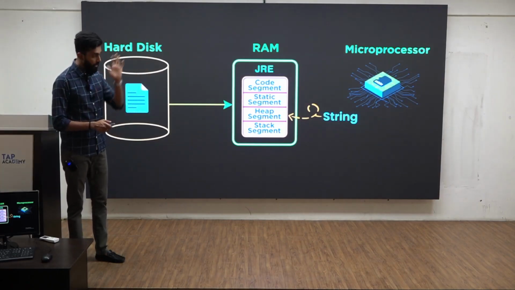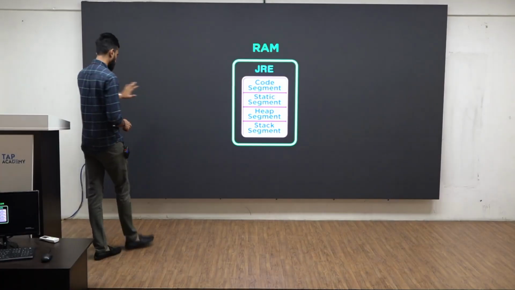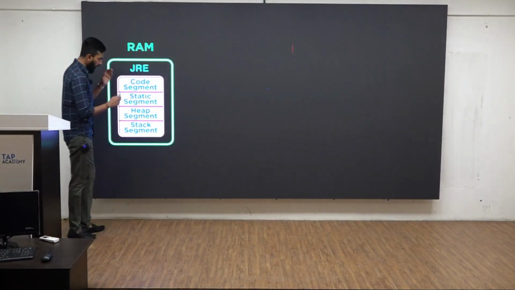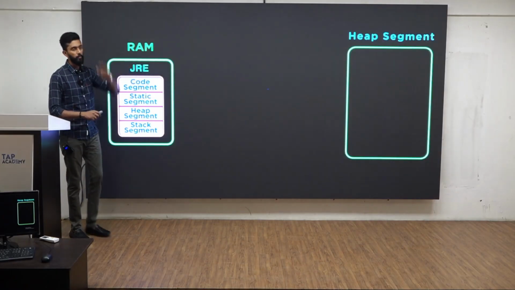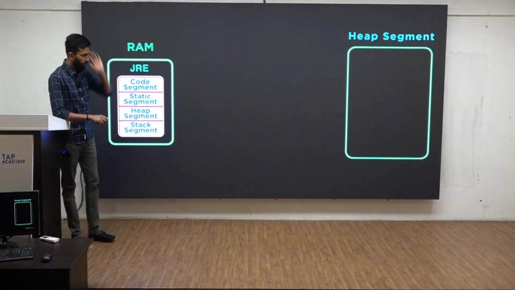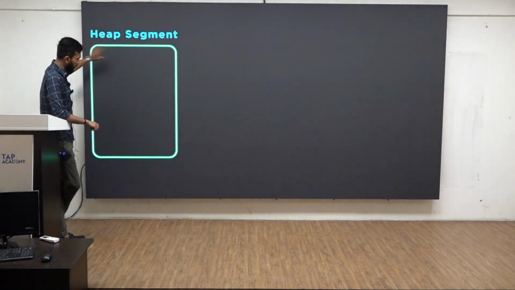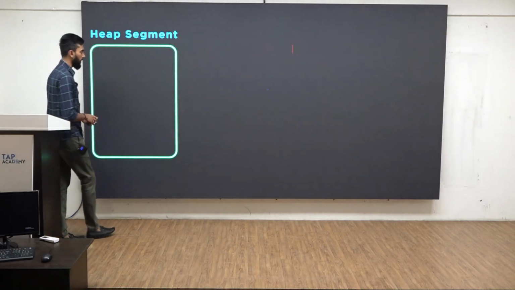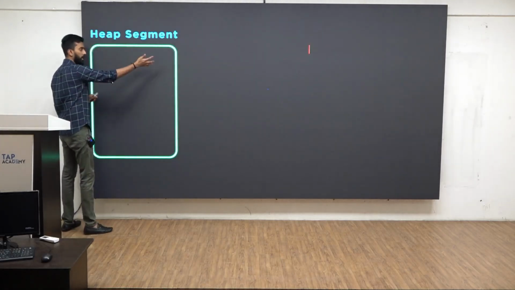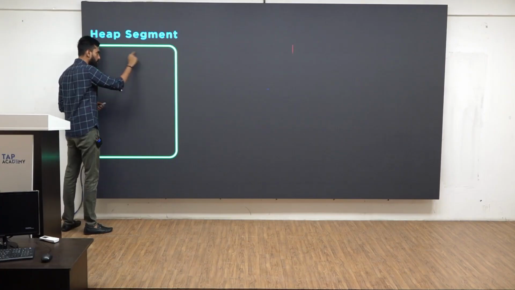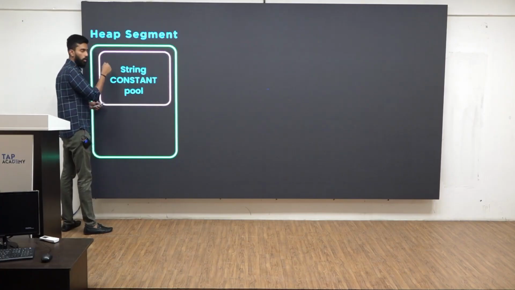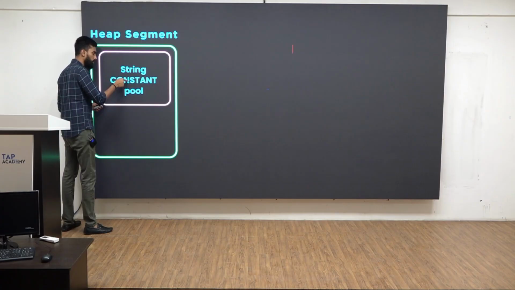Point number 1. Next, now that you understood this, I am just keeping it here. Because strings are created in heap, I am only showing the heap segment. Now listen to me carefully. In this heap segment, please understand, 100% objects are created, strings are also created. But inside this heap segment, what Java people have done is, they have created one special region called as string constant pool.